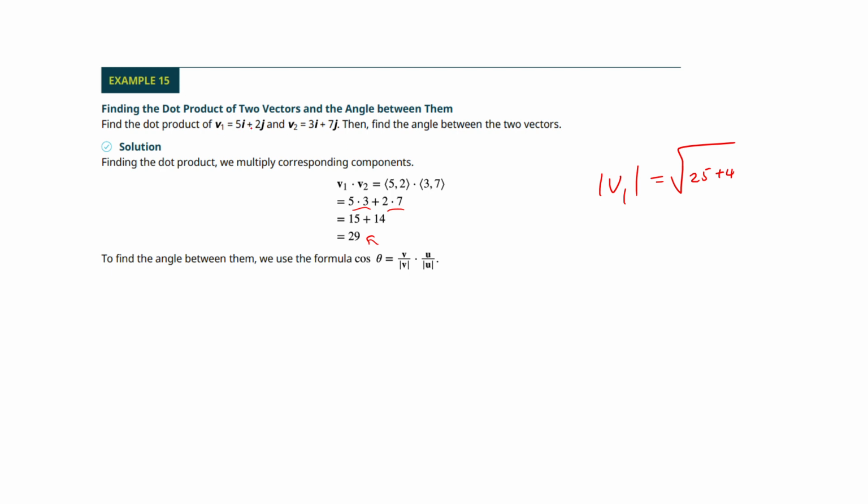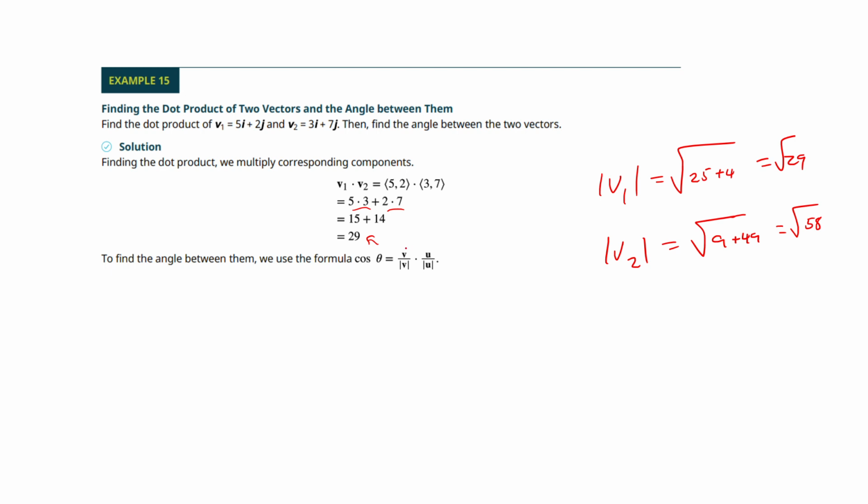So square the x component, square the y. So it's going to be the square root of 29. The magnitude of v2 is going to be 9 plus 49. So just square the x component, square the y component, so I've got the square root of 58.